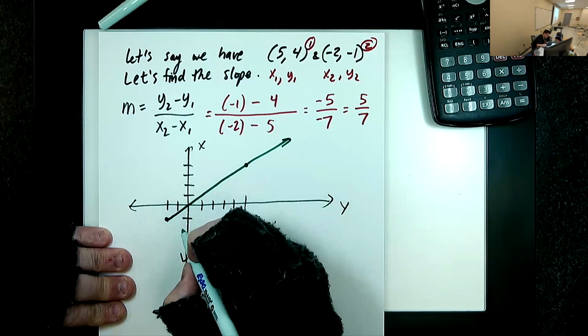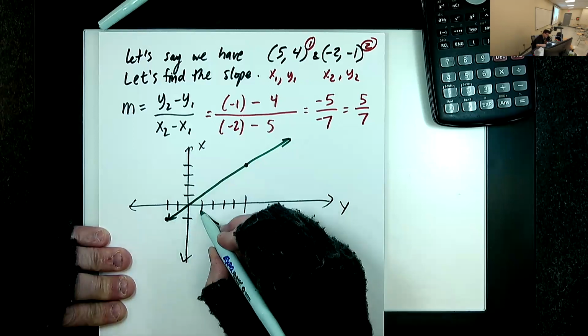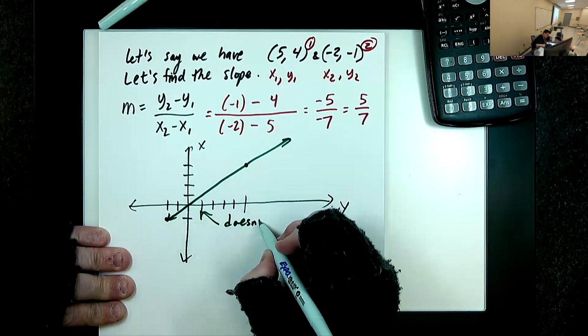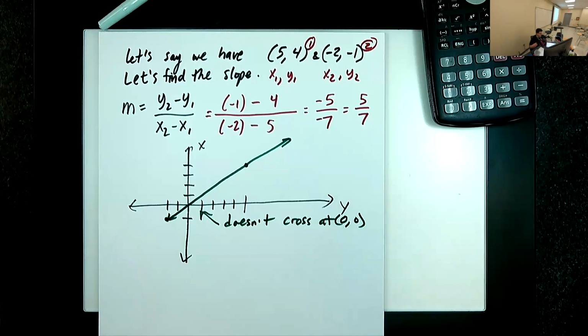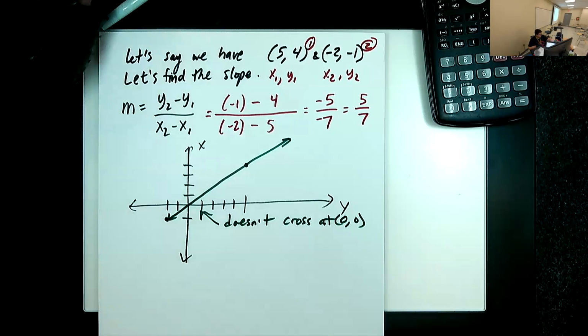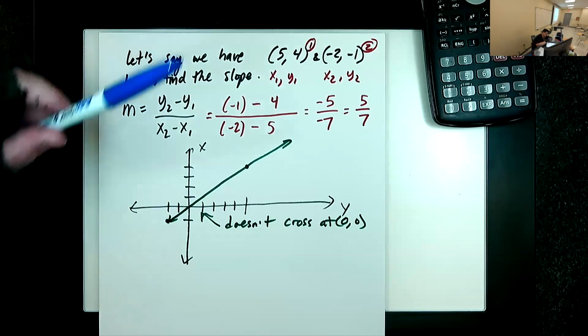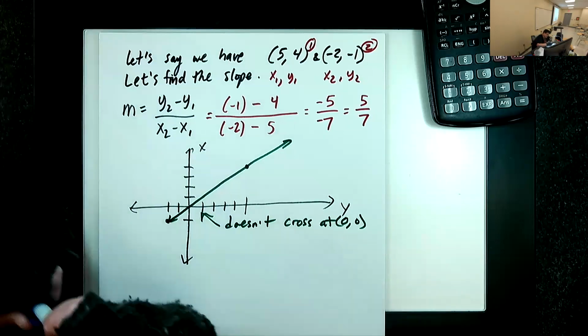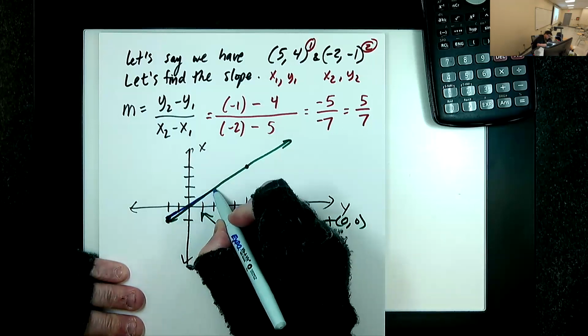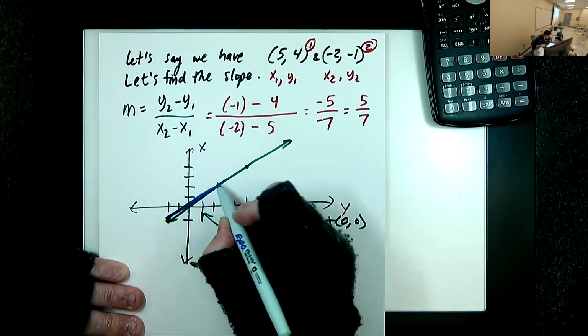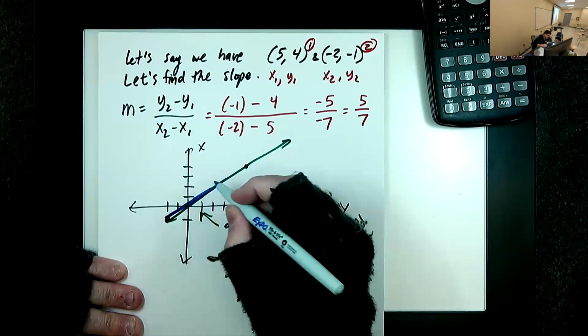I know it doesn't cross there. So it doesn't cross at 0, 0. So my picture is not great right here. Let me see if I can fix it a little bit. There we go. The line crosses a little bit above it.